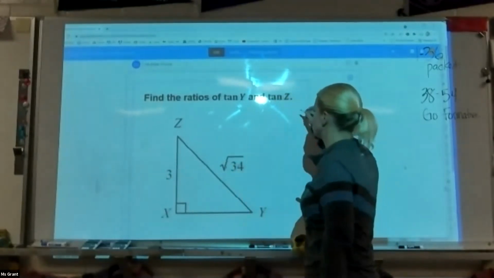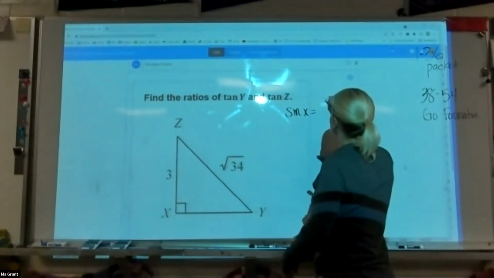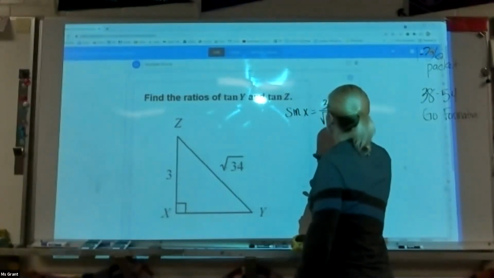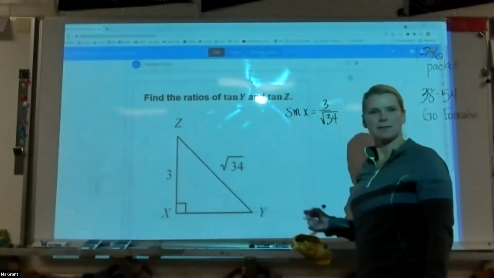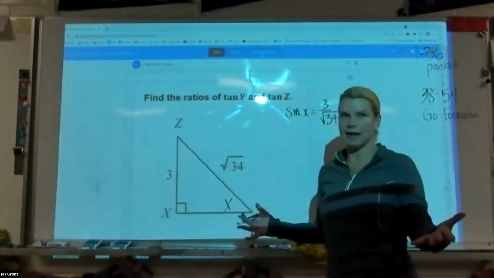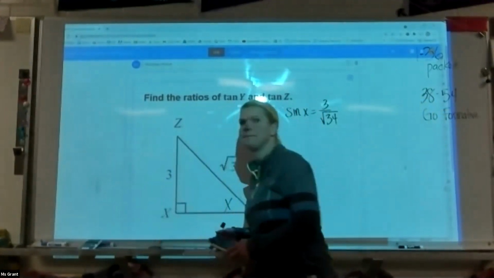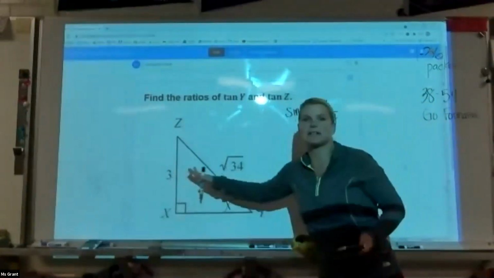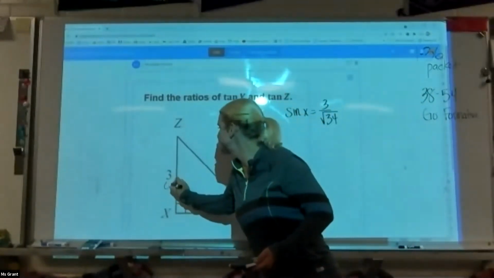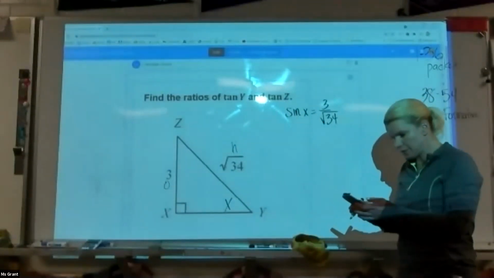Opposite over hypotenuse. 3 over rad 34. Even though it didn't ask me for sine, the only way I'm going to be able to find an angle measure is if I use the information I'm given. I was given opposite. I was given hypotenuse.